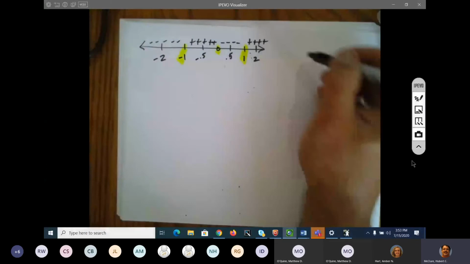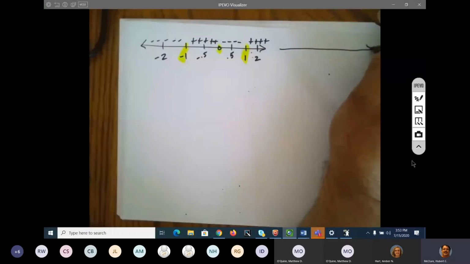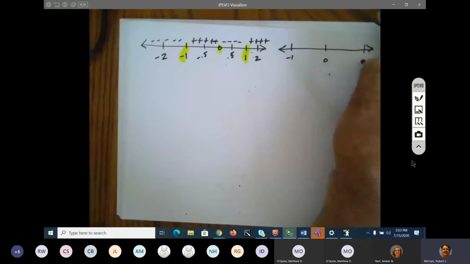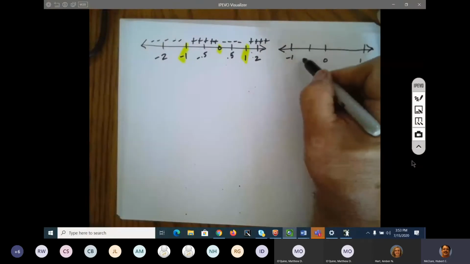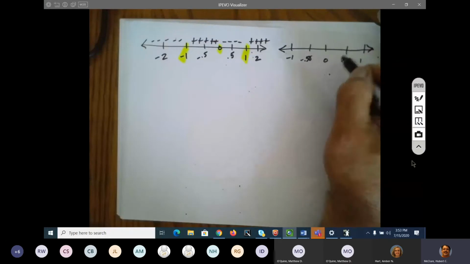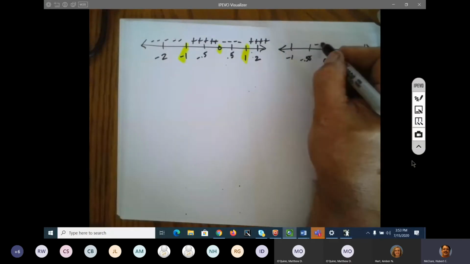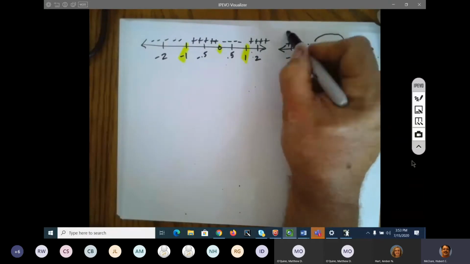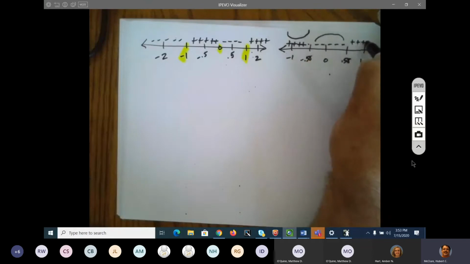And then on this number line, we've got 0, -1, +1, and then we've got -0.58 and +0.58, and we said that we've got negatives here, which means concave down, and we've got positives here, which means concave up, and we've got positives here, which means concave up.